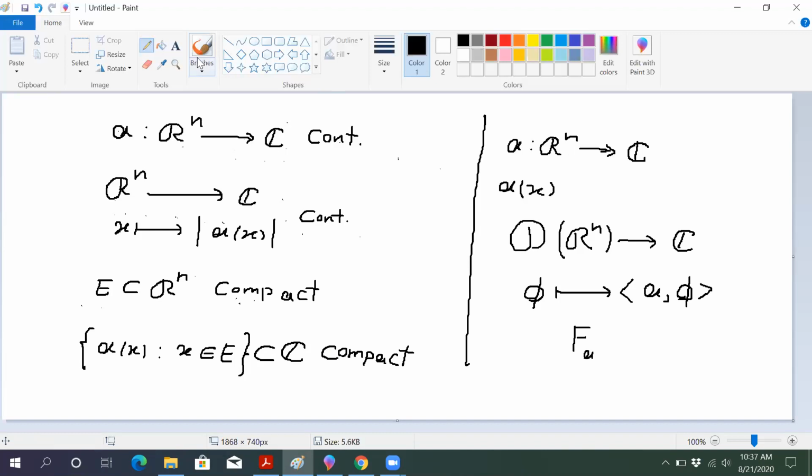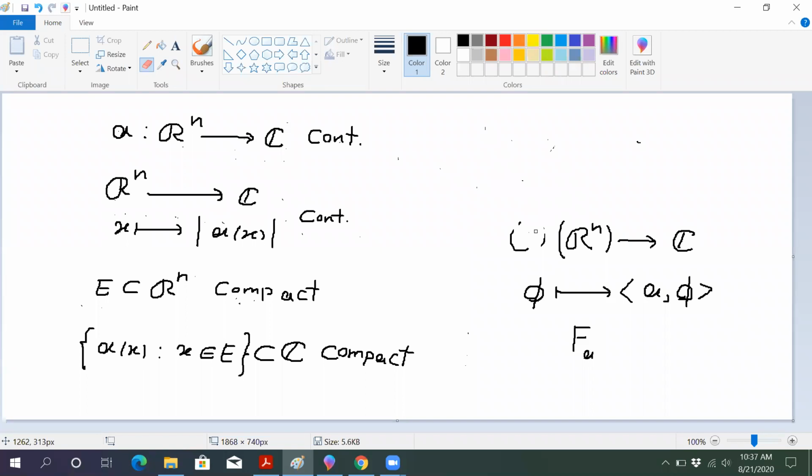Okay, let me erase here. We need some more space. Okay.